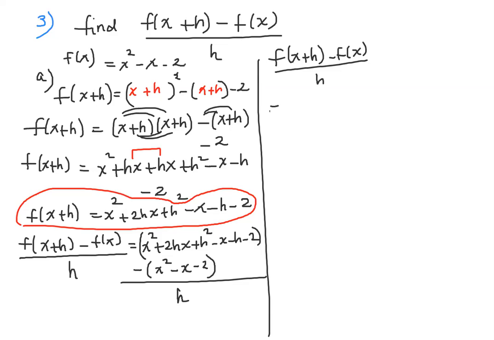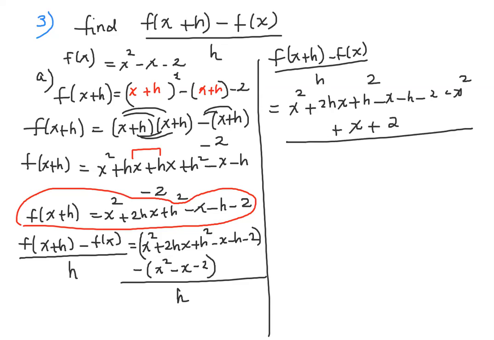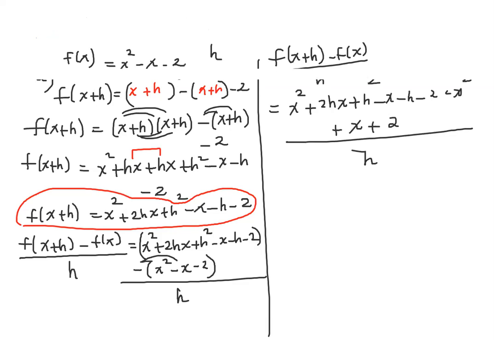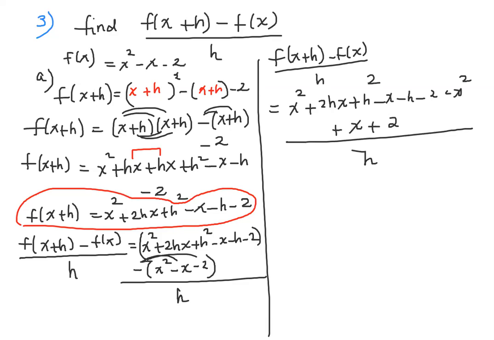So now I'm going to remove all the brackets. Minus h minus 2 minus x squared. So now minus everything, you have to switch here because negative. I have to distribute this, so everything becomes opposite. Now we can cancel the x squared, x, 2, 2.